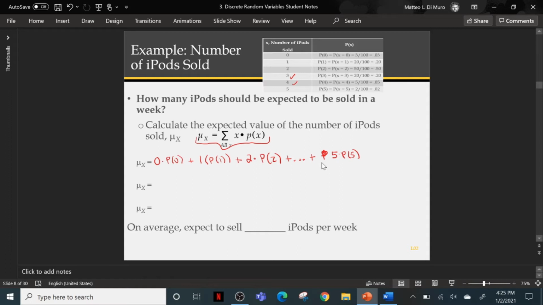I'm actually going to take 0 iPods sold and multiply it by its associated probability, which is 0.03.